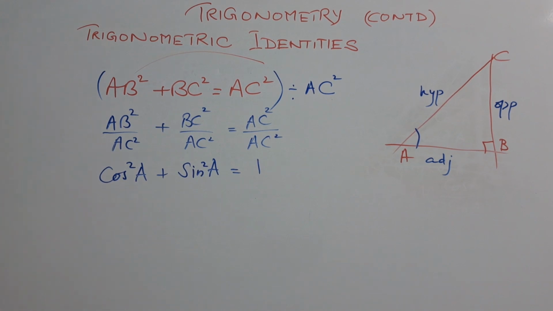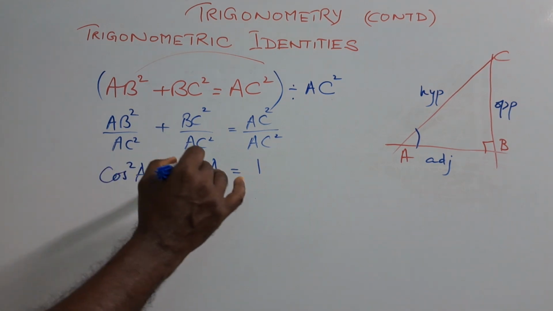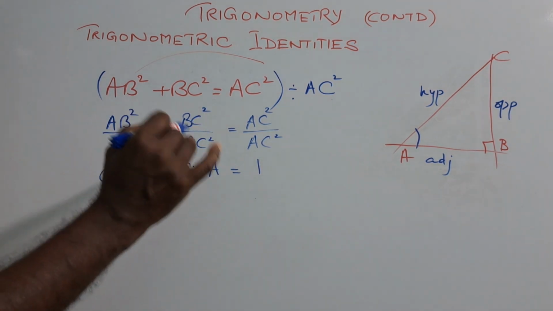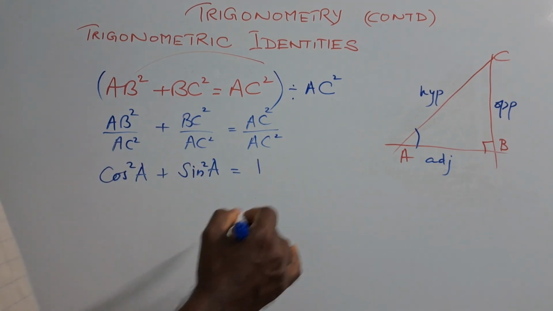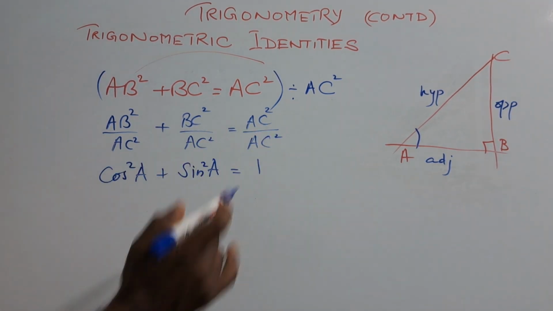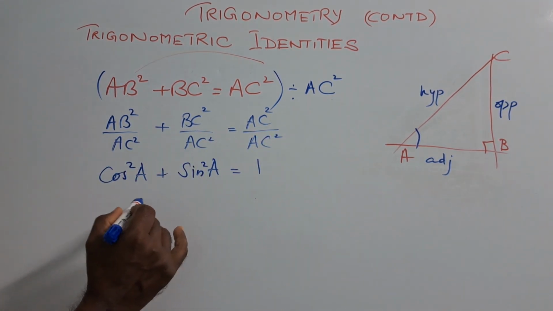This is one of the important trigonometric identities. Cos square A plus sine square A is equal to 1. From this, we can derive a few more equations.